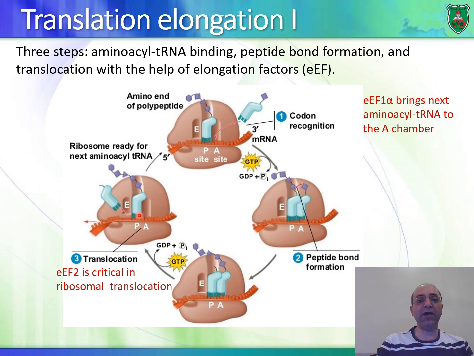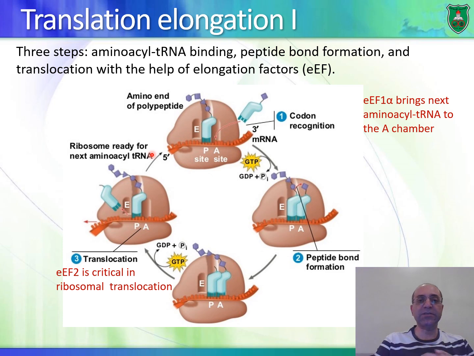It gets kicked out, and you have a fourth tRNA coming in. And then you have peptide formation of the three amino acids to the tRNA that has a single amino acid attached to it in the A chamber. Now you have four. This one gets emptied, gets kicked out, and so on.